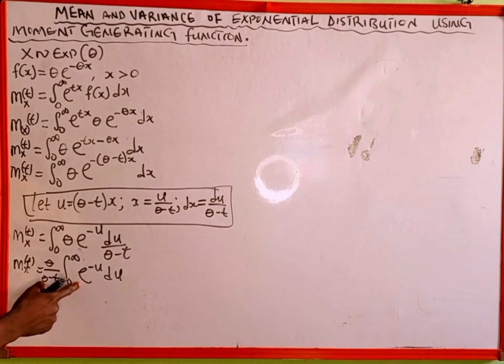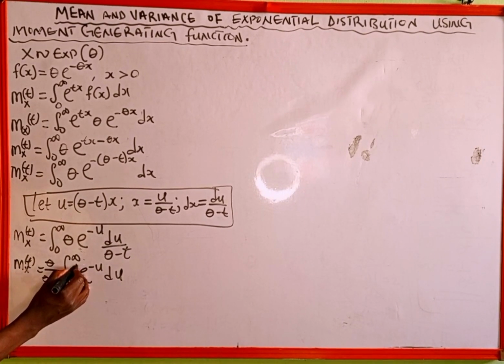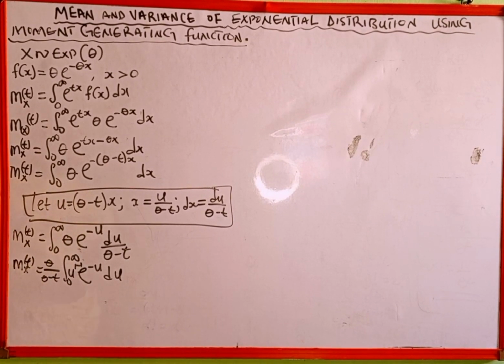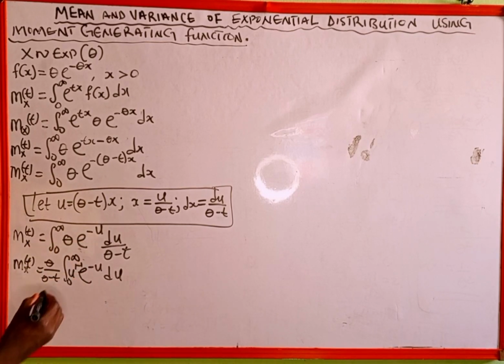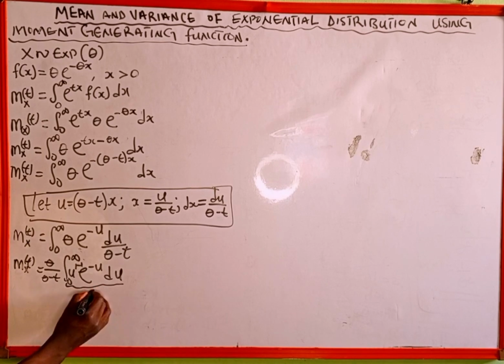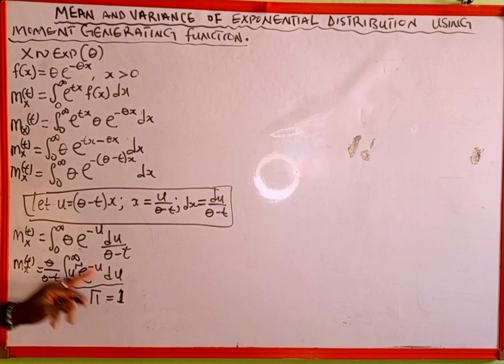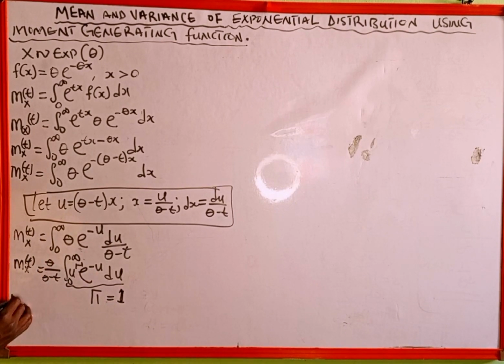But here we can add u to the power of 1 minus 1, because u to the power of 1 minus 1 is the same as u to the power of 0, which is 1, and multiplying by 1 leaves it the same. So the whole of this is gamma of 1, and gamma of 1 is the same as 1.